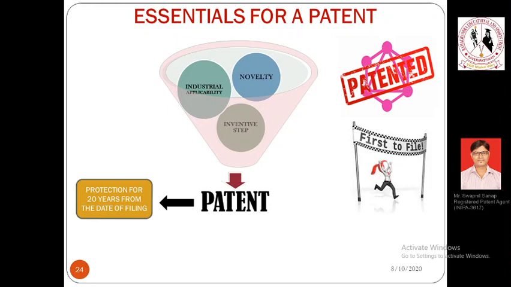Right? Now, the 20 years is the term of the patent. The legal enforceability, like I said, in this 20 years, is available only after the grant of a patent. But that does not mean that a person cannot stop anybody from copying before the grant. Let us assume a scenario wherein a person copies a patent-filed invention from a person whose patent is not yet granted, but is just in the filing stage.